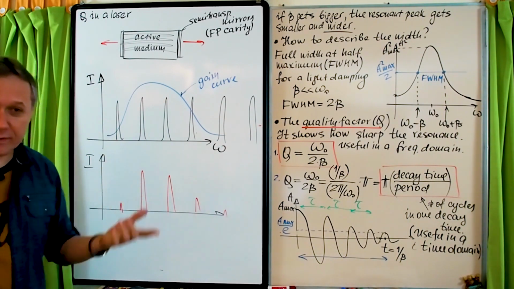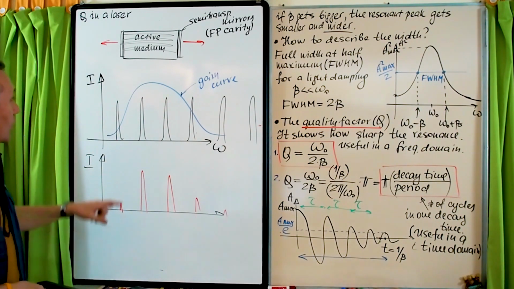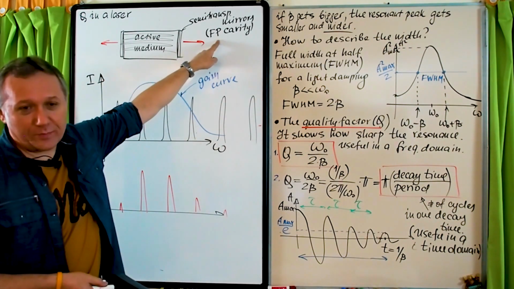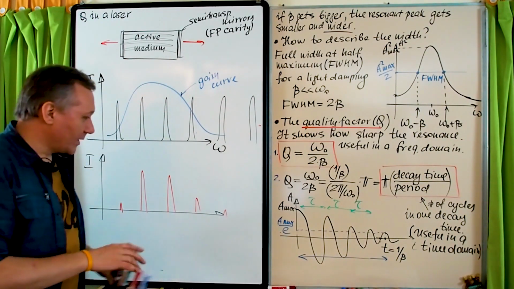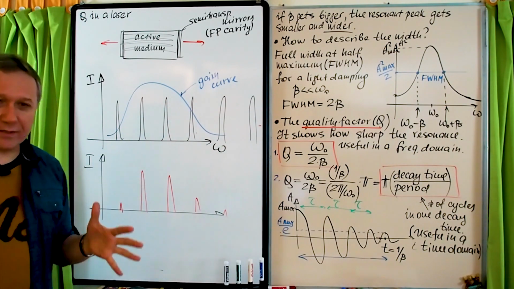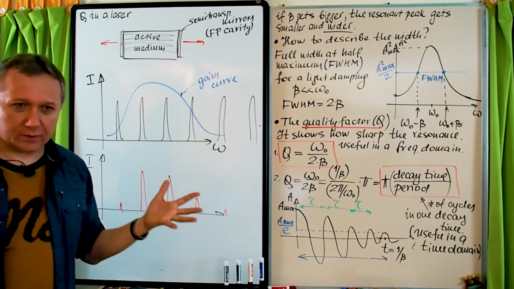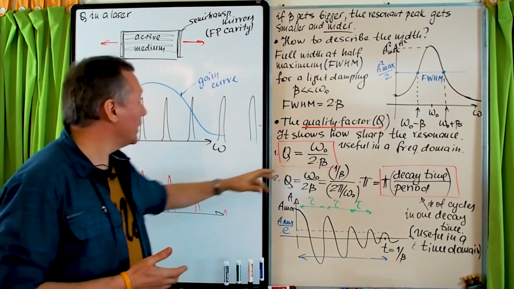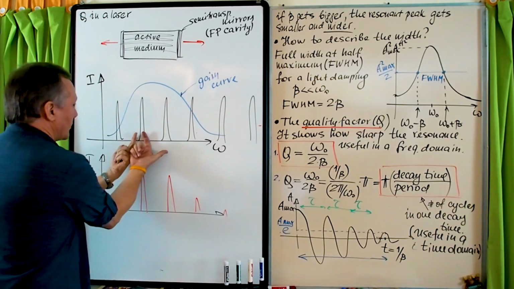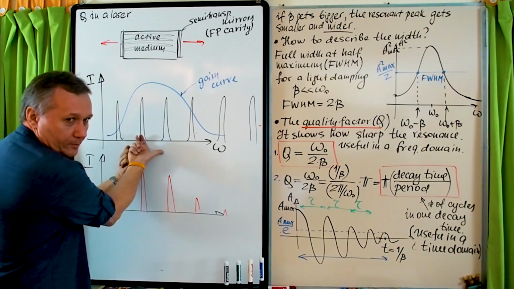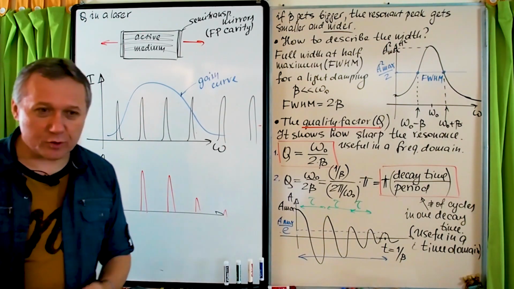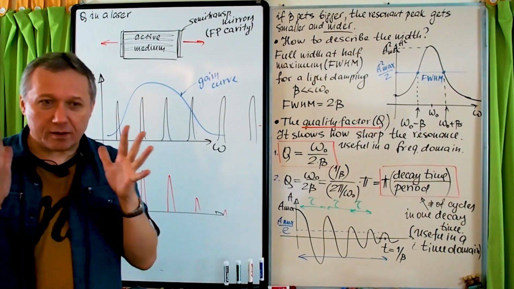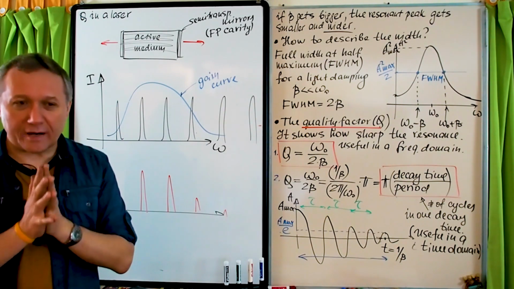And now, where is the quality factor? The quality factor of this FP cavity. I remember he was telling me, if you design a proper FP cavity with high Q, large Q, then these resonant peaks will be very narrow, and as a result your laser is going to have a small line width.